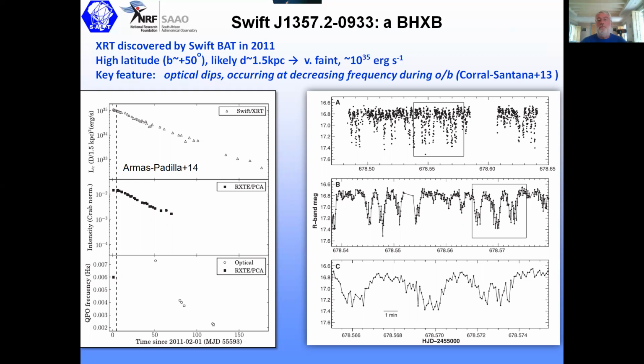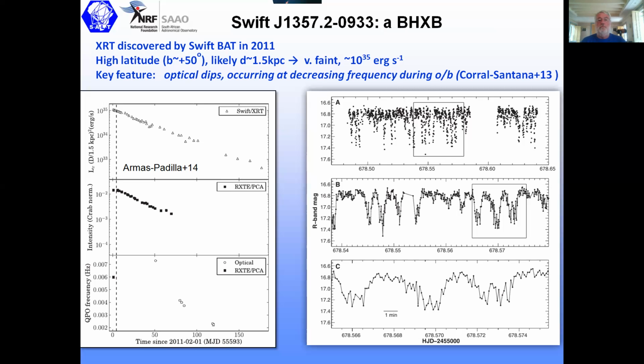The interesting thing about this, though, was in the original observations of the first outburst, that the optical light curves, which are shown at the right here, showed frequent dips occurring on timescales of a few hundred seconds or so.